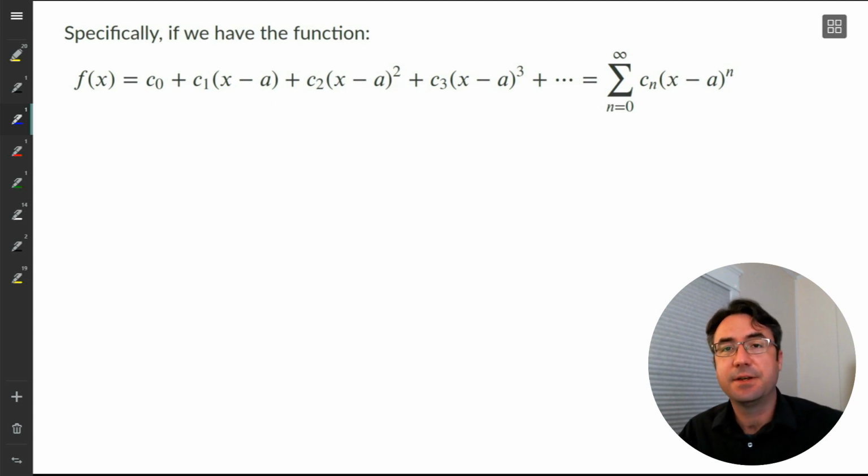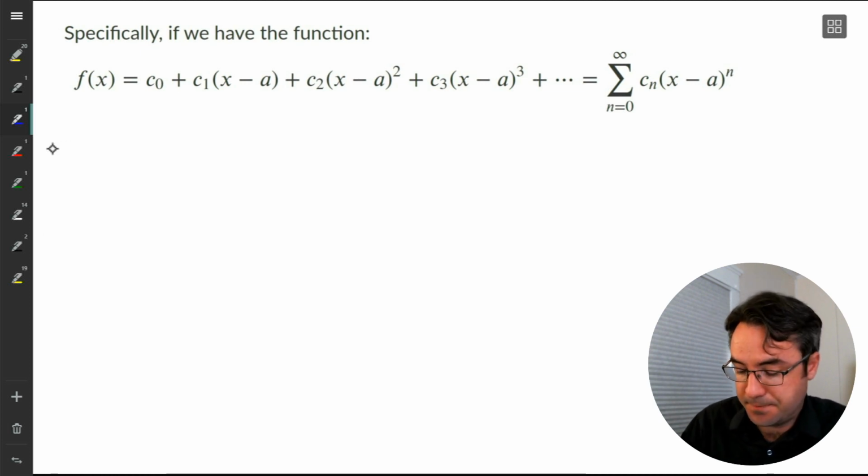Again, a is the center of our power series. In sigma notation, we're doing the sum from n equals 0 to infinity of c sub n times x minus a raised to the n. And we want to differentiate this function. So let's see what term-by-term differentiation looks like.